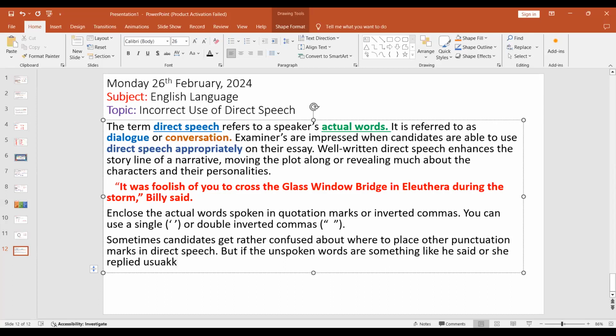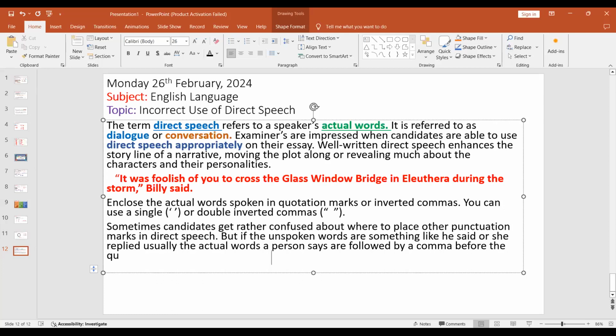Usually the actual words a person says are followed by a comma before the quotation marks are closed.